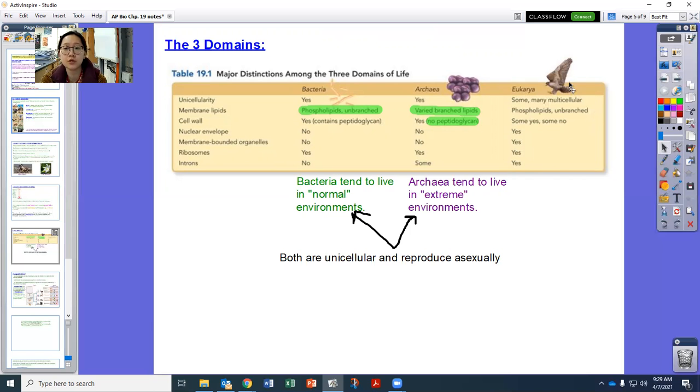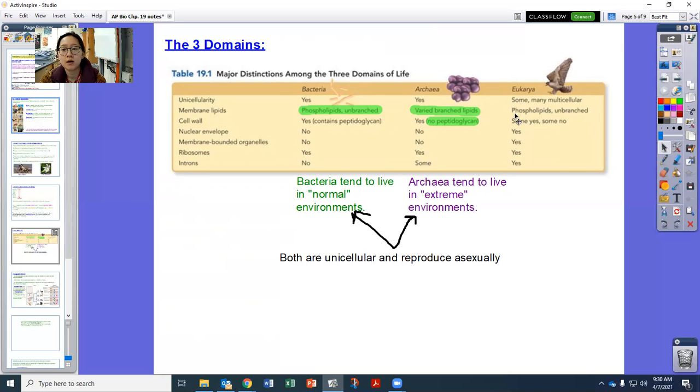On the other hand, the third domain is eukarya. Eukarya are very different from bacteria and archaea, but we're actually more similar in structure and function to archaea than we are to bacteria. And I say we because we as humans belong to eukarya. Eukarya include some unicellular organisms like protists and many, many multicellular organisms like fungi, plants, and animals, right?